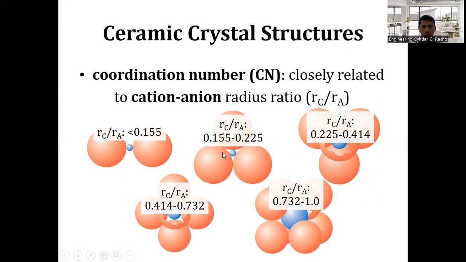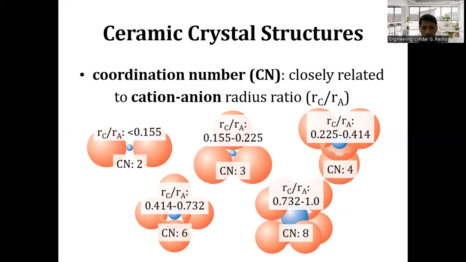This one is around 0.155 to 0.225. For this figure, you have 0.225 to 0.414. For this one, 0.414 to 0.732. And for this one, 0.732 to 1.